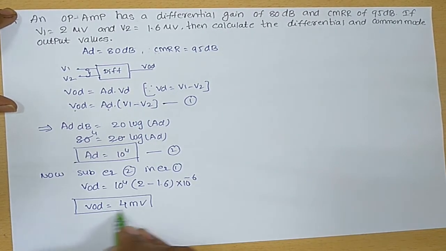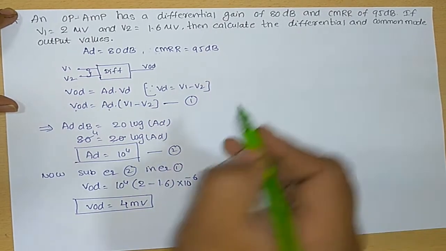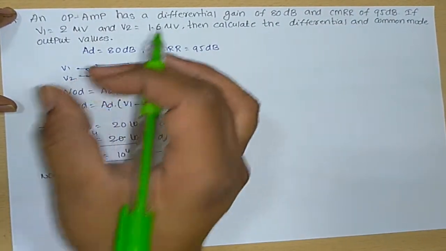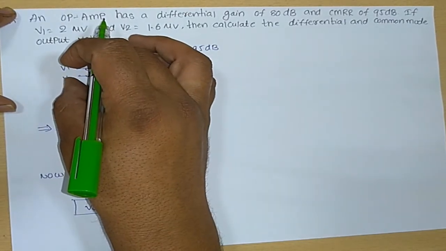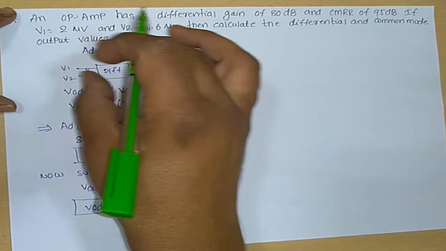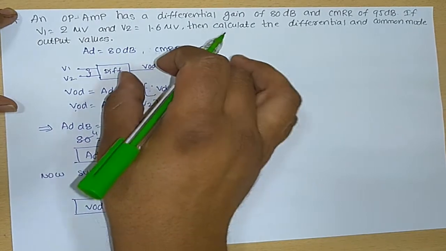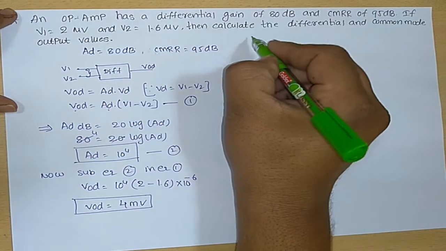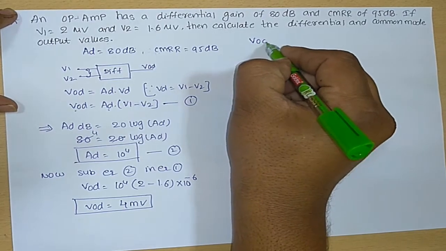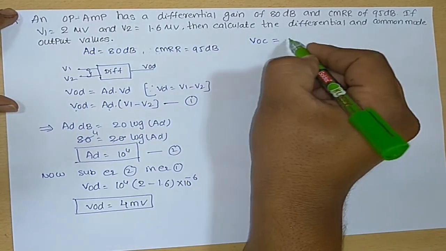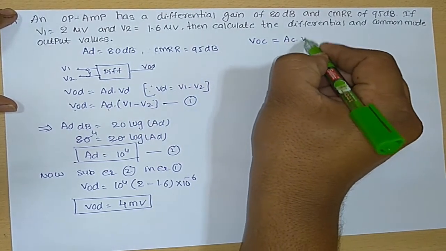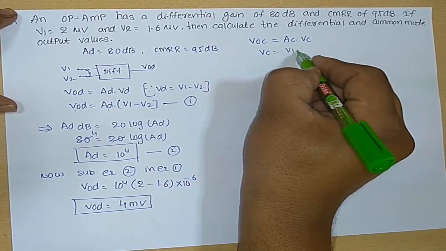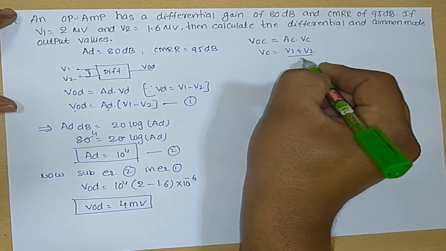Next we solve the common mode output voltage of this differential amplifier. If we apply both input voltages the same, we get some output voltage, which we consider the common mode output voltage. We know that the common mode output voltage VOC equals AC into VC, and here VC equals V1 plus V2 by 2.